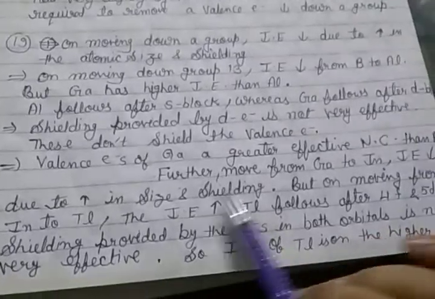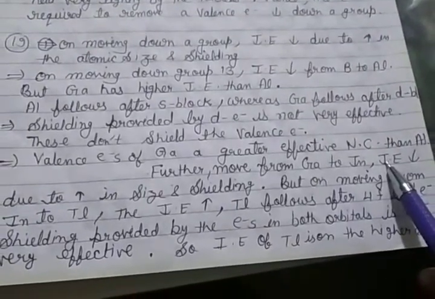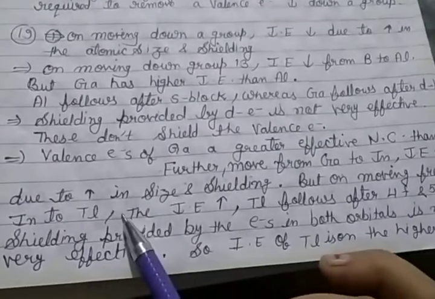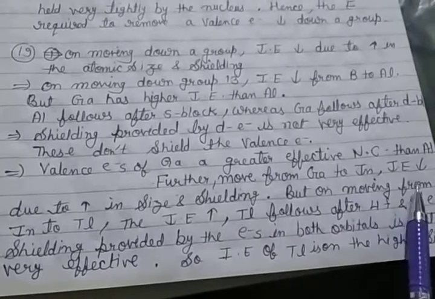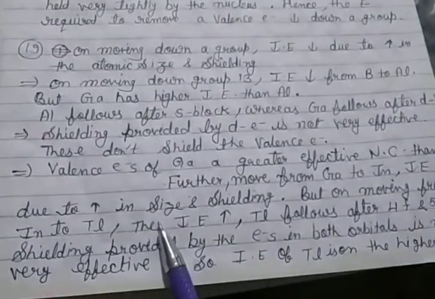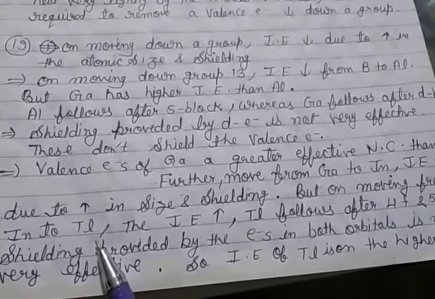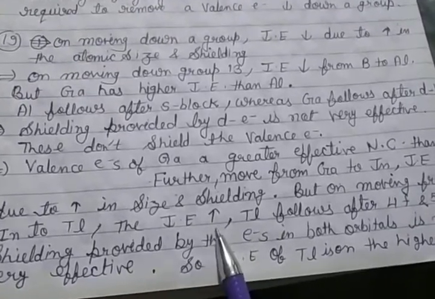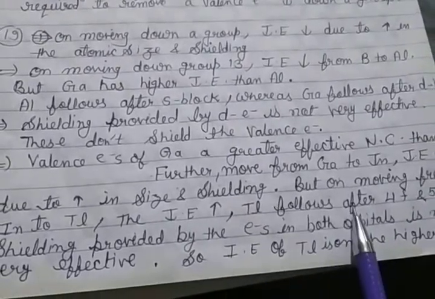Further, moving from gallium to indium, ionization enthalpy decreases due to increase in size, because as we go down, size increases and shielding also increases. But on moving from indium to thallium, ionization enthalpy increases.